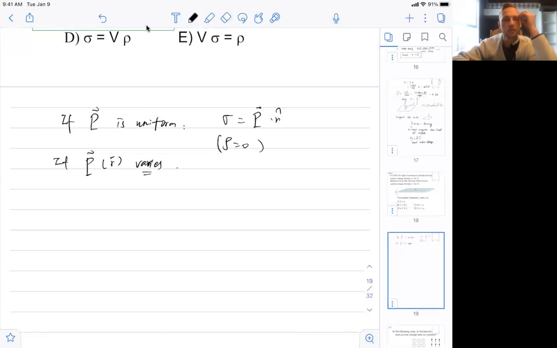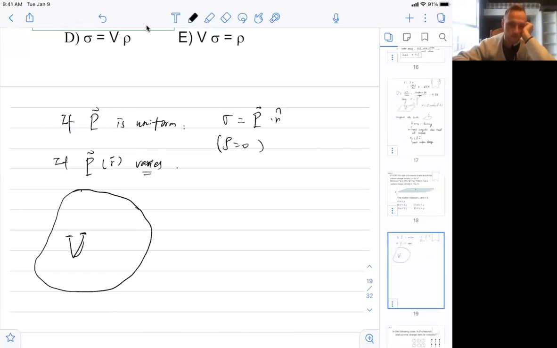Locally, if you look at a small area, you have some charge entering the region, but it may not equal the total charge leaving the region. So how do we calculate the effect of that? If I look at this entire volume, and I'm looking at this little area dA, we had just calculated that sigma is Q over area, which is P dot N hat.